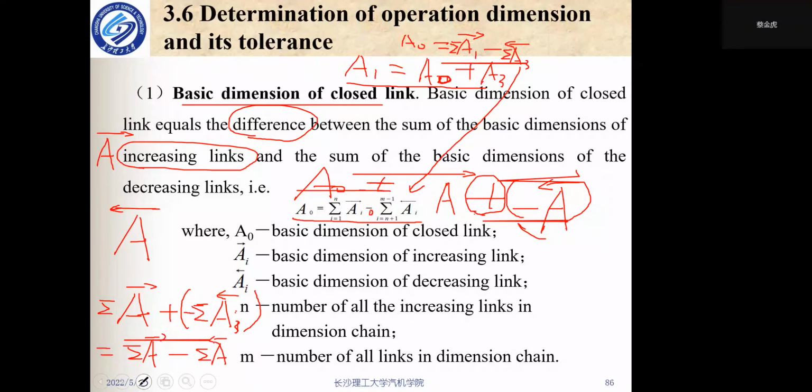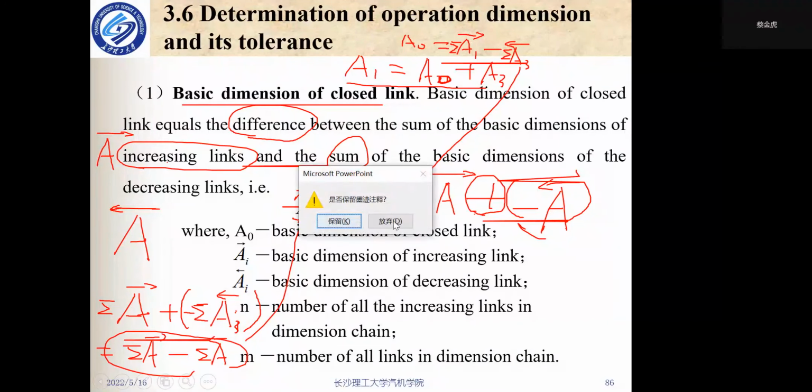This one is equal to this one, which means the basic dimension of the closed link equals the difference between the sum of the basic dimension of increasing links and the sum of the basic dimension of decreasing links. And the middle should be a plus, which means sum.